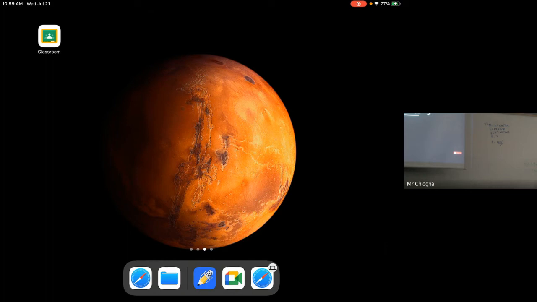So the answer is about 5.0 times 10 to the 9. So it's about 5 billion meters. So that's the distance between the two planets, between the centers.